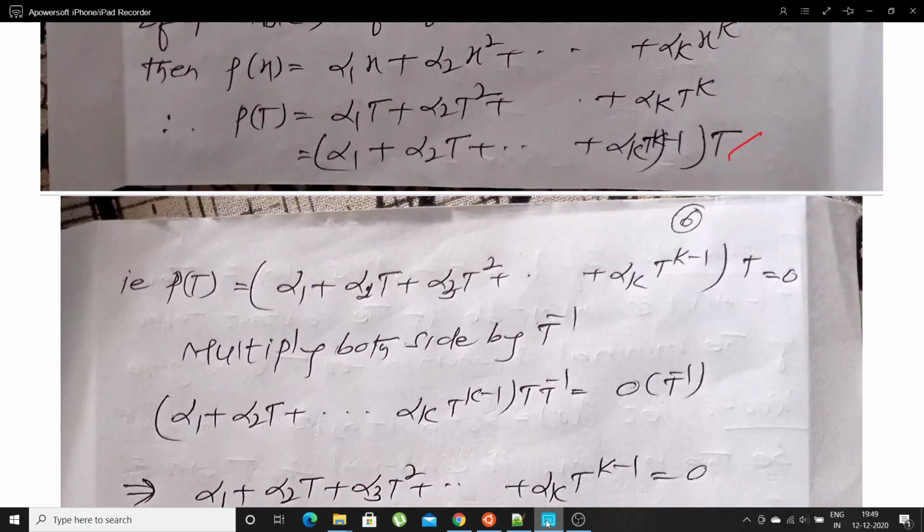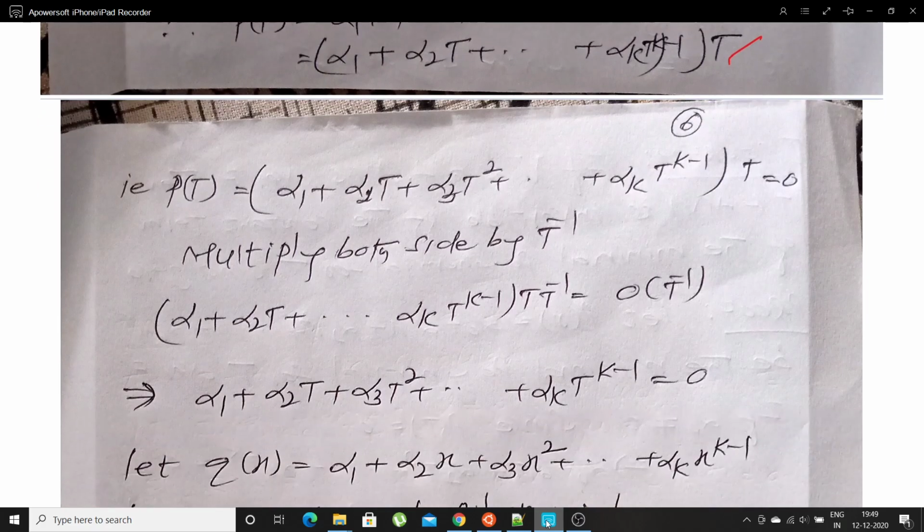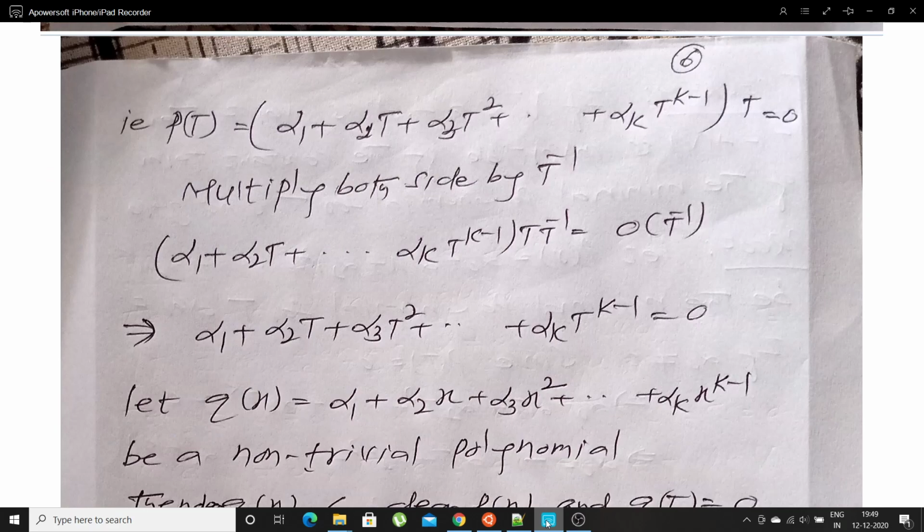Now, what I do now, I multiply both sides by T inverse. If you multiply both sides by T inverse, we know that T inverse times t means 1, right hand side 0. Okay. That means what we get? We get alpha 1 plus alpha 2 t and so on, alpha k t to the power k minus 1.